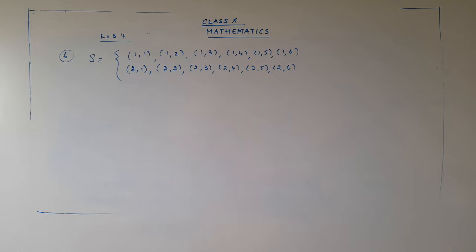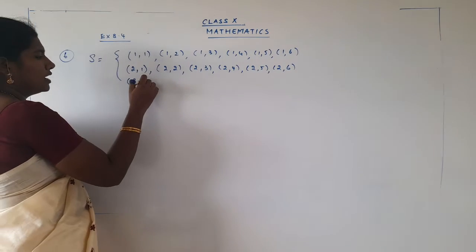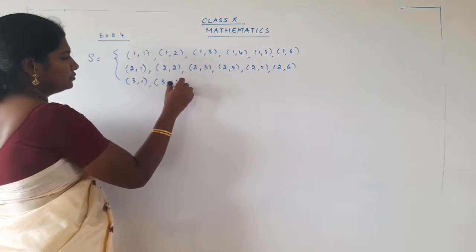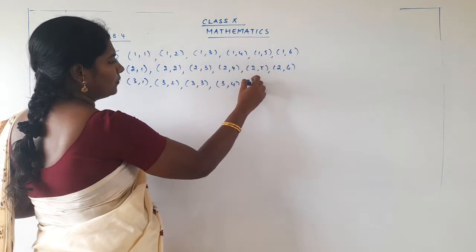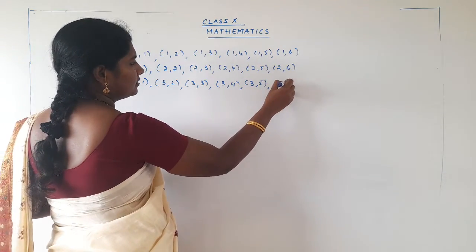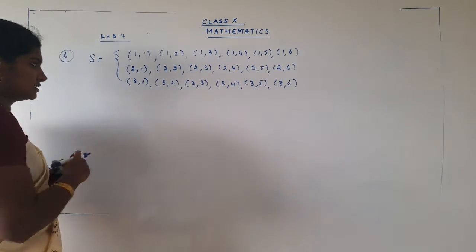Just continue further. You know how to write down. Then we have 3 comma 1, 3 comma 2, 3 comma 3, 3 comma 4, 3 comma 5, 3 comma 6.